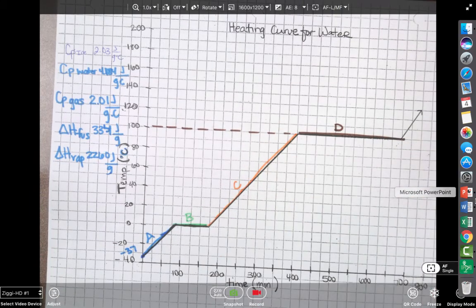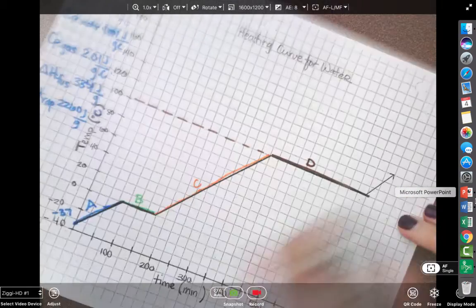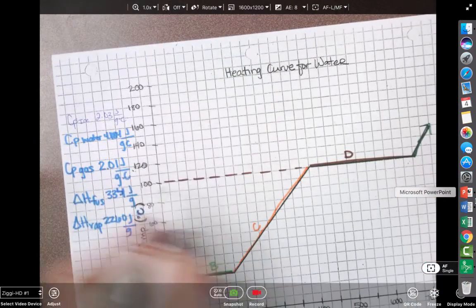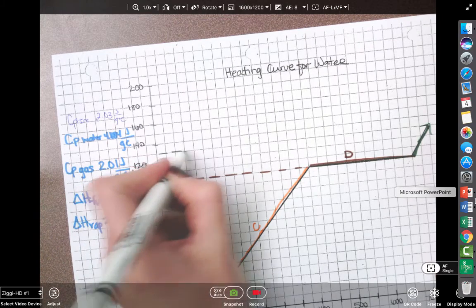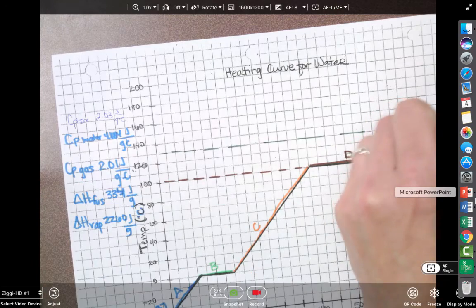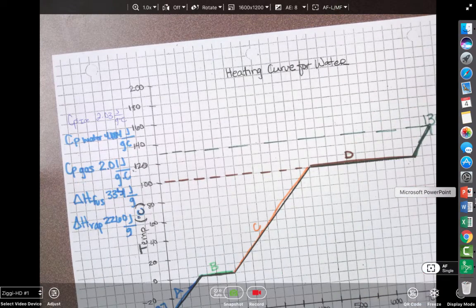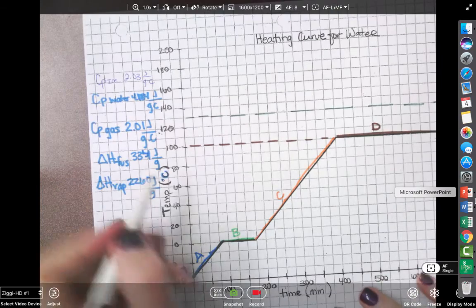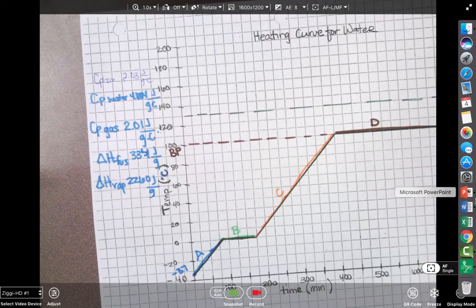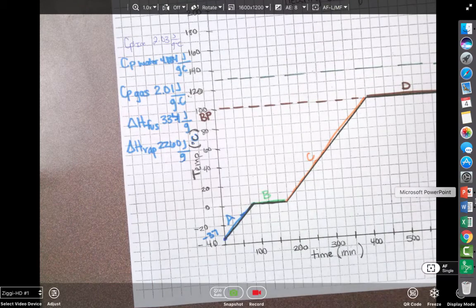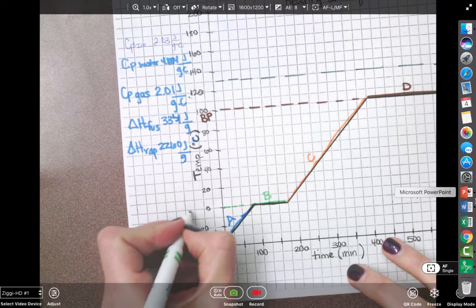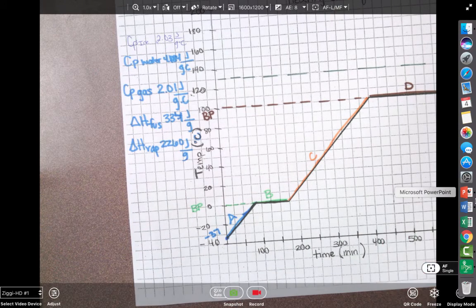Call that section D. And lastly, we finish out at about 130 degrees Celsius. So here I have plateaus corresponding with 100 degrees Celsius, which is the boiling point of water. And I have the other plateau on section B at 0 degrees Celsius, which is the melting point of water.